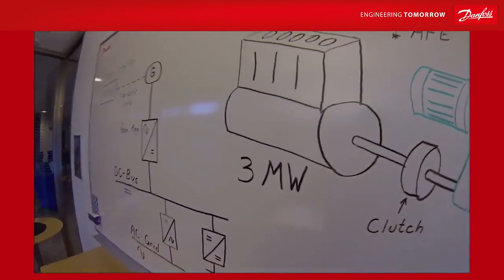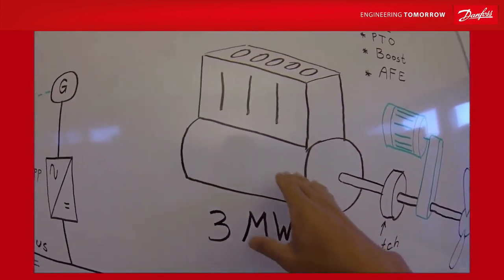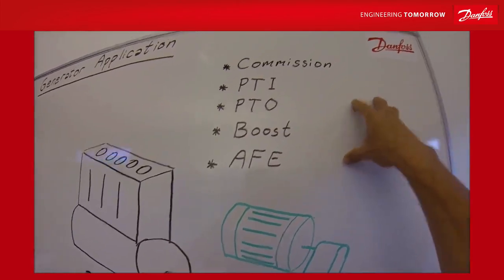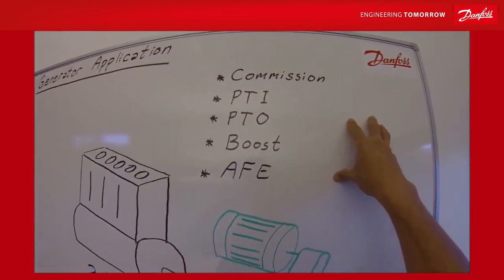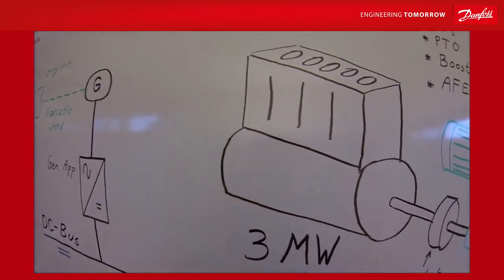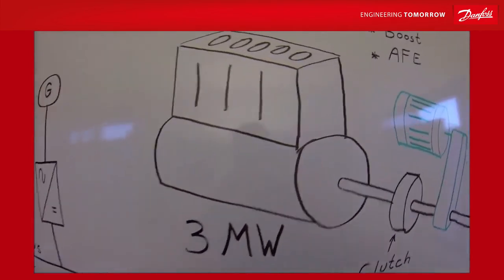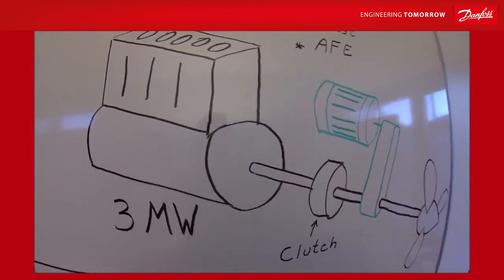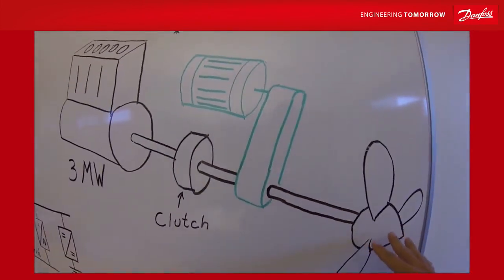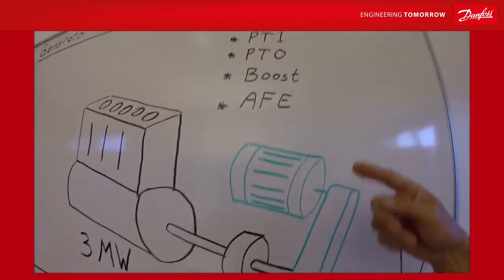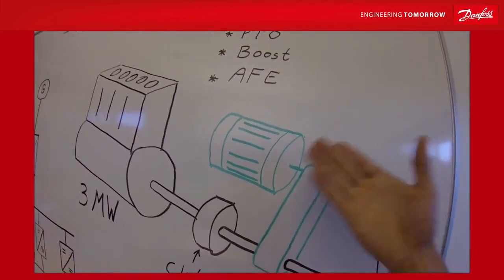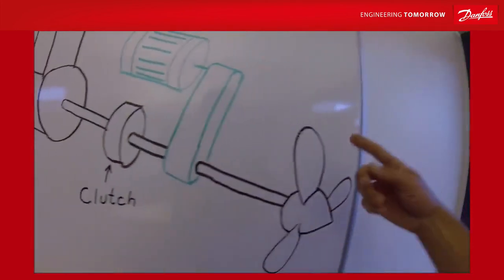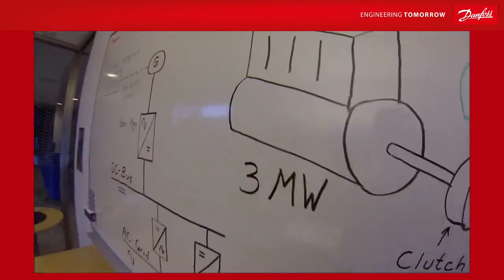The other one is that the big diesel engine can now use a wide range of RPMs and you still can extract energy to your 60 Hz ship grid. Typically these big diesel engines have a high fuel consumption and are not very efficient if you run them too fast. So typically when the power demand is quite low, you wanted to rev down the diesel engine and run your propeller very slowly to reduce your fuel consumption.